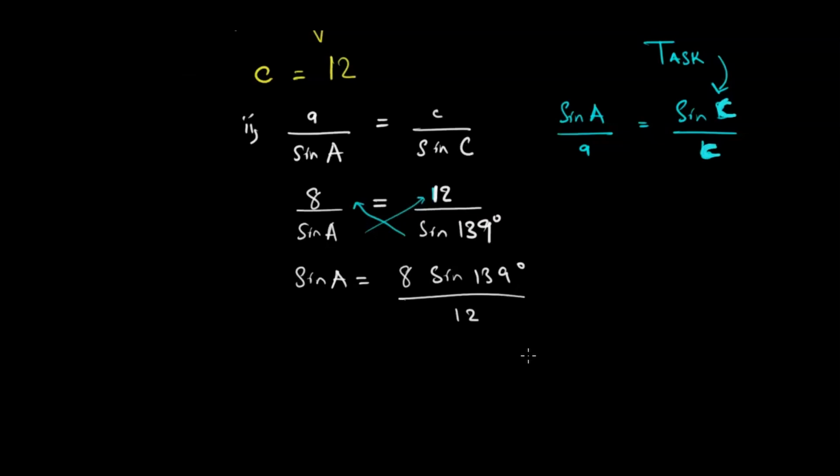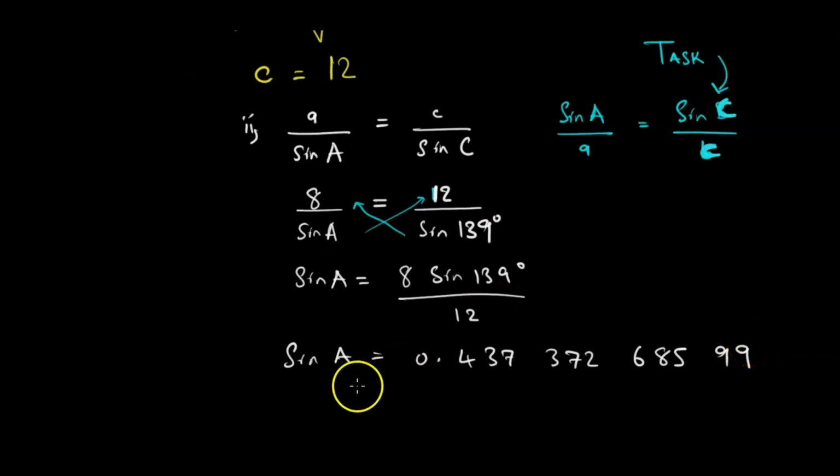So sine of 139, that is dividing 12. My calculator is giving me a value of 0.4373726859.